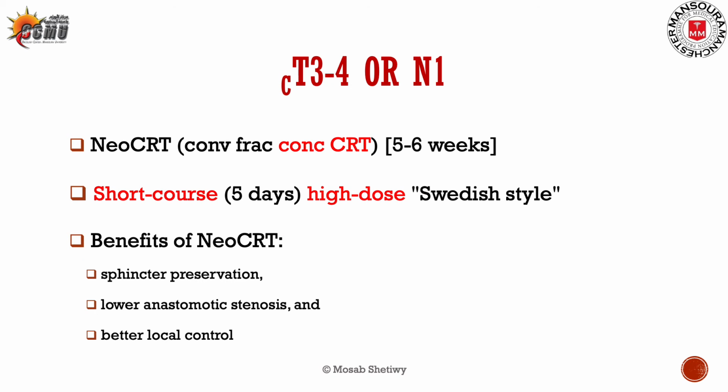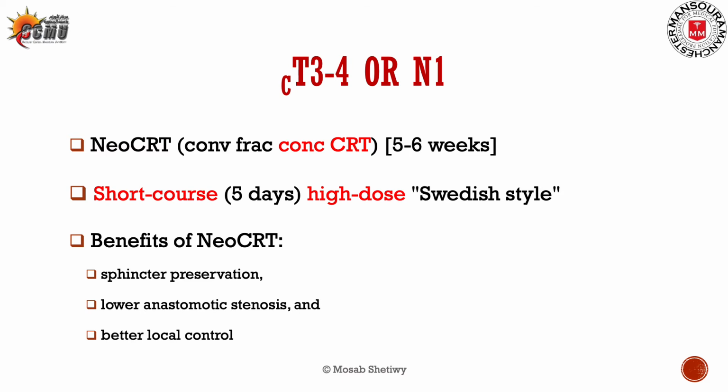As for T3 or T4 tumors or node positive disease, surgery is not the first line of treatment. Actually, it's chemoradiotherapy, called neoadjuvant chemoradiotherapy, given in conventional fractionated concurrent style or dose, and that is the recommended dose worldwide.